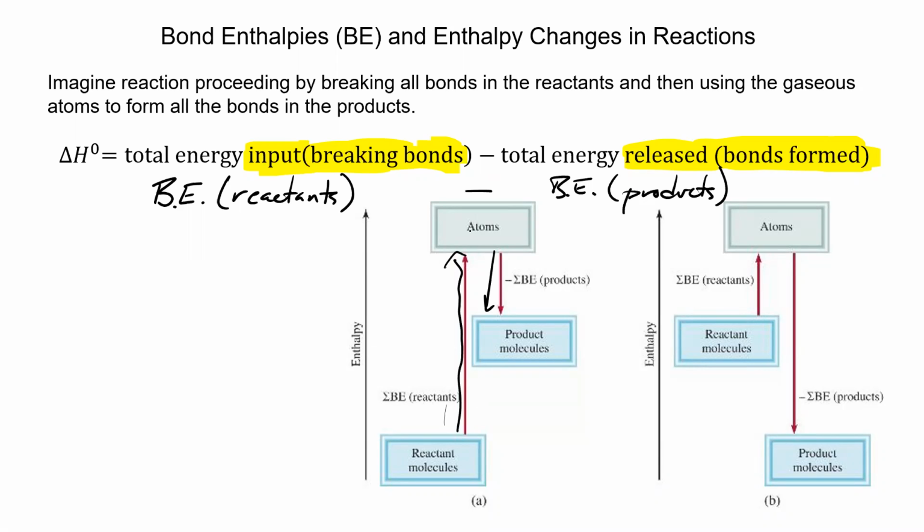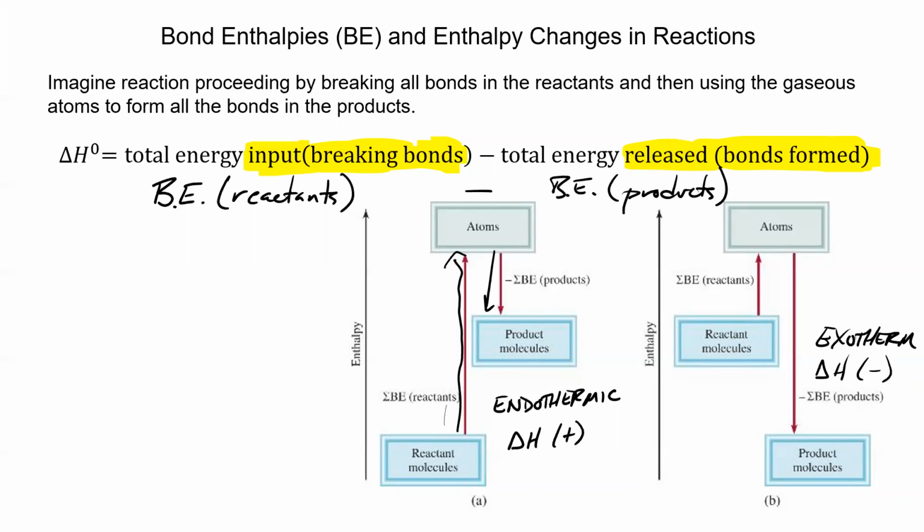We have to put in a lot more energy to get up to those individual atoms, and we don't get all that energy back out. And so this one is endothermic, right? Our delta H here is positive, and that makes this other one exothermic. We get more energy out when we make those products than we put in when we break those reactants. And so there, our delta H is negative.